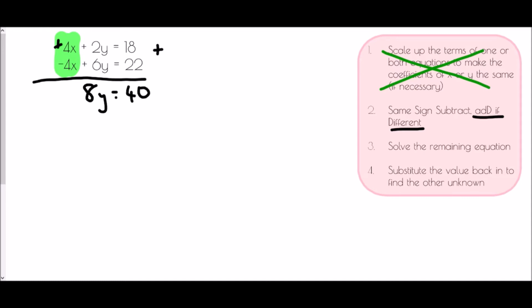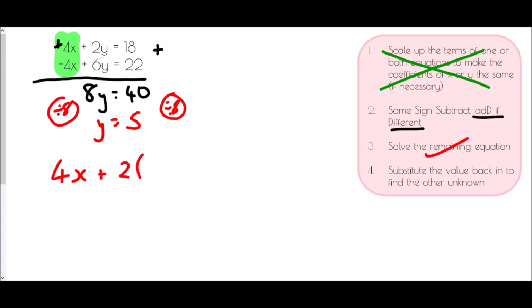And so, step 3, solve the remaining equation. Well, that means I need to work out what a single y is, and that would be dividing by 8 on both sides. And so y would equal 5. Step 3 is complete. Step 4, substitute those values back into one of the equations. Well, in this case, I'm going to go with the top one. So 4x plus 2 lots of 5 equals 18.